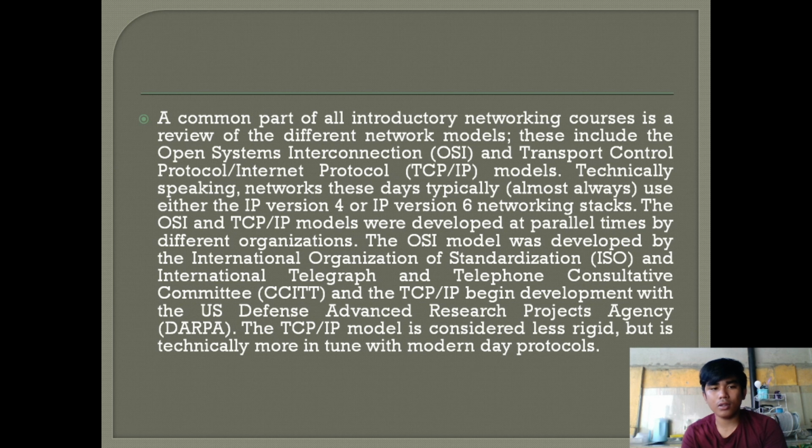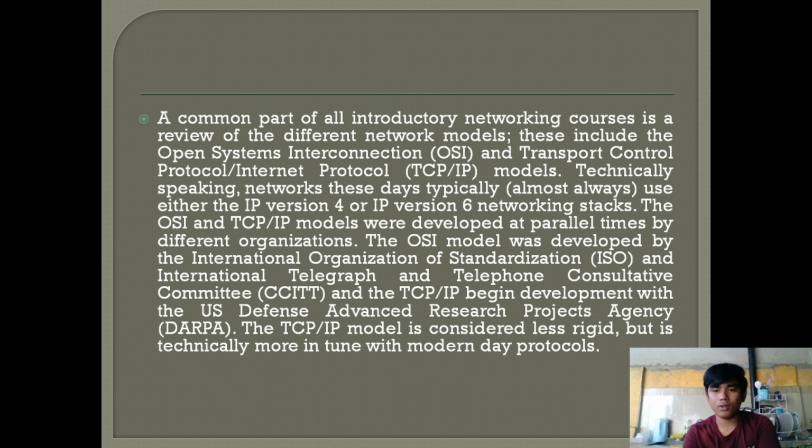Technically speaking, networks these days typically use either IP version 4 or IP version 6. The OSI and TCP models were developed at parallel times by different organizations.